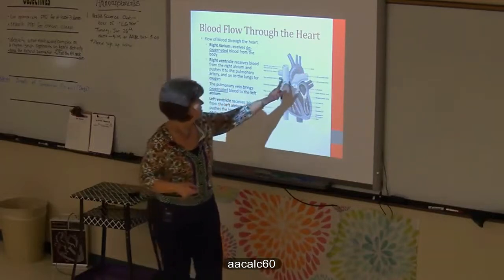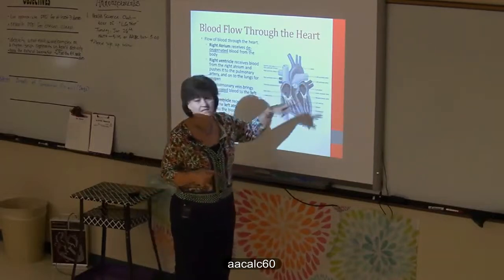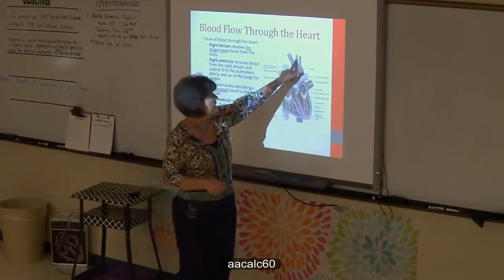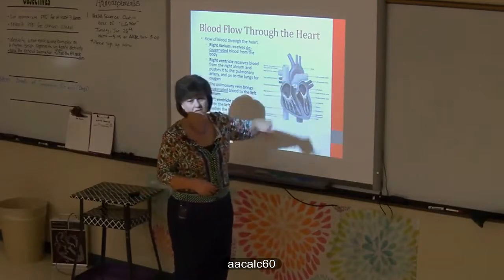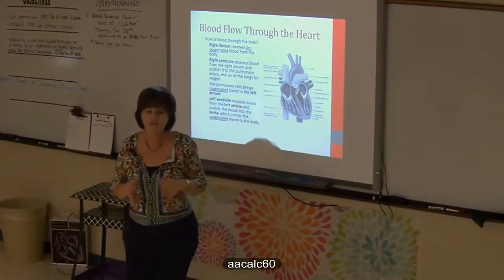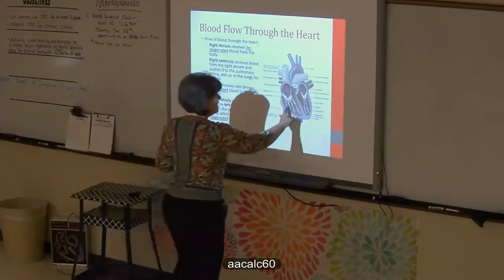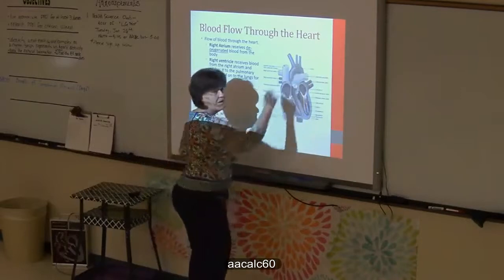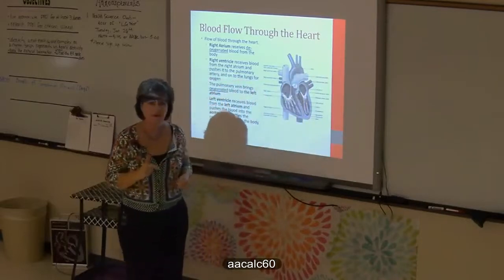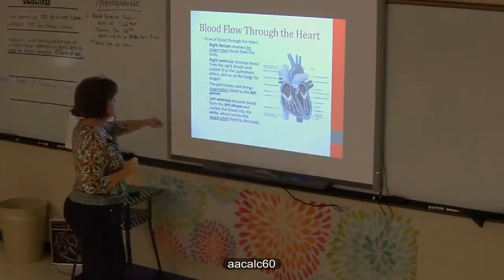And the aorta is this huge artery that then delivers the blood to your brain, your arms, and the rest of your body. So it's the same process on both sides, only one goes to the lungs and one goes to the body.